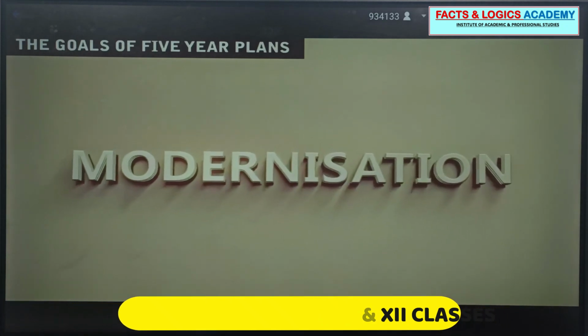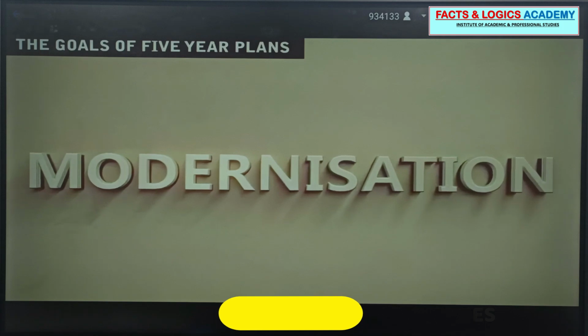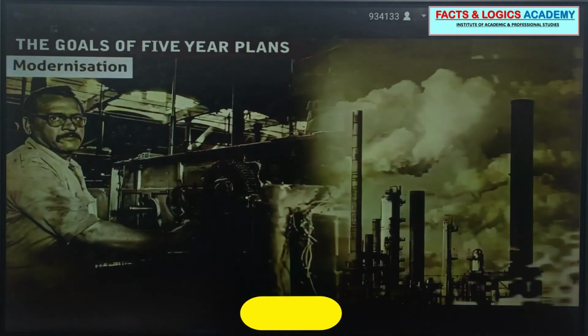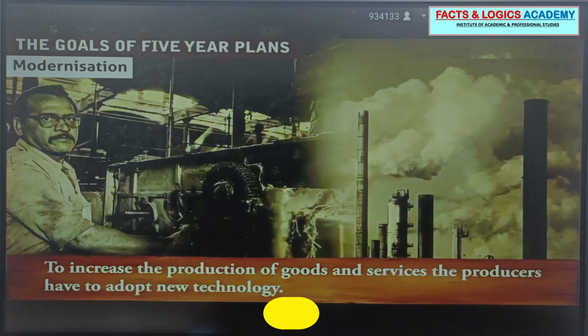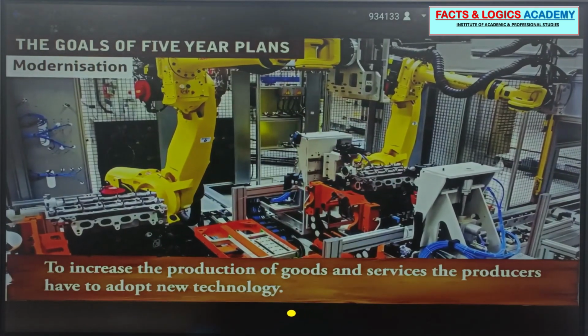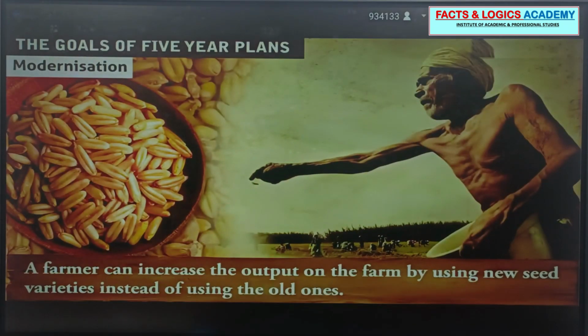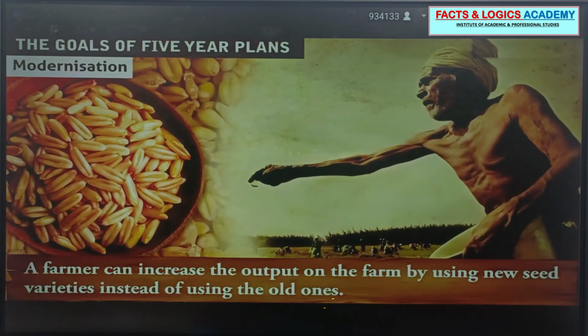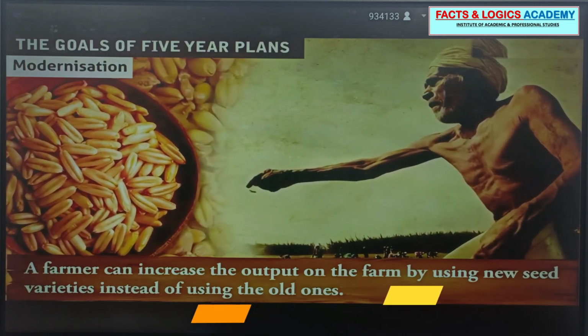Modernization. Another important goal of the 5-year plan is modernization. To increase the production of goods and services, the producers have to adopt new technology. For example, a farmer can increase the output on the farm by using new seed varieties instead of using the old ones.